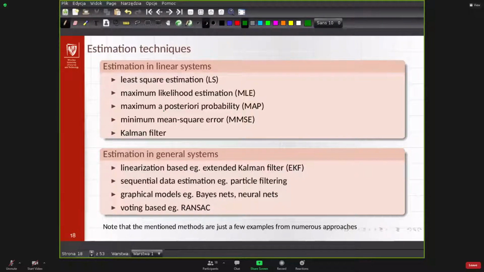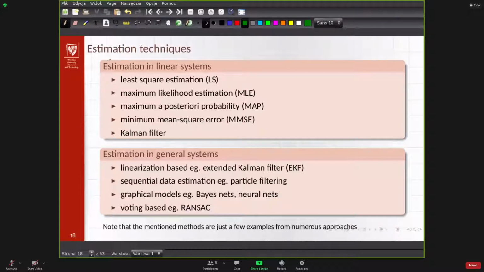So what do we get further. When we already have the data, we can try to transform them. So the filtering, the standard averaging filters and median filters, you probably know.